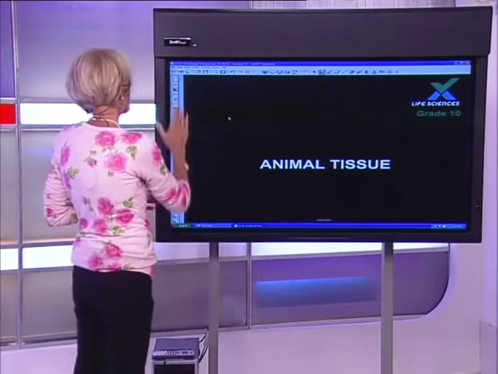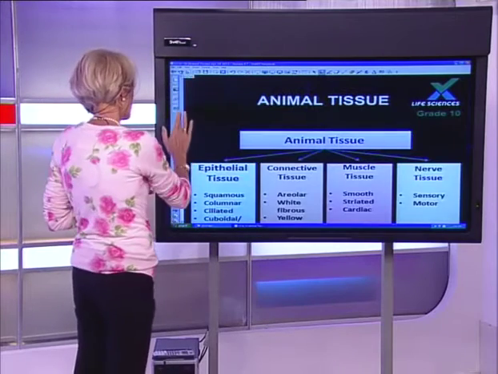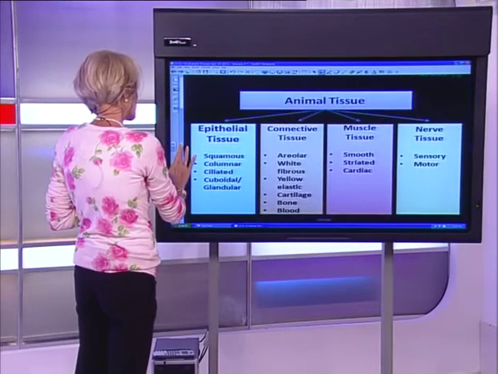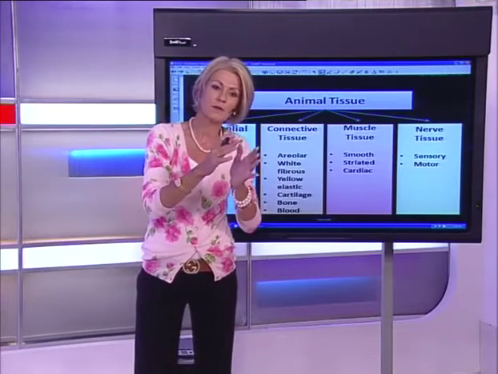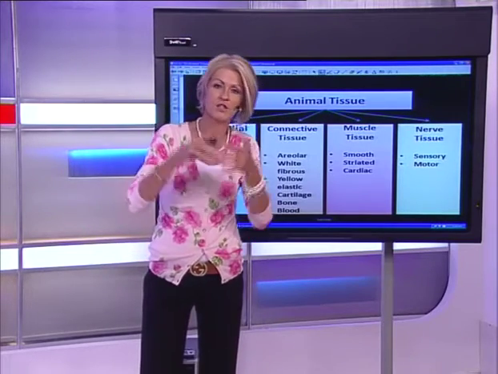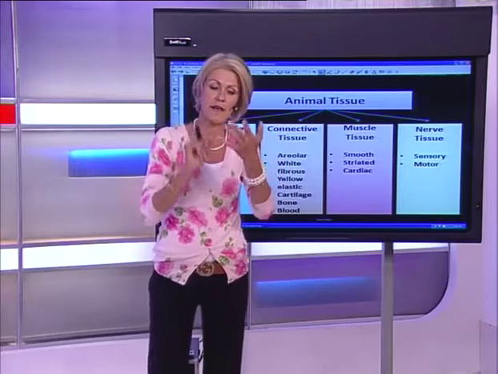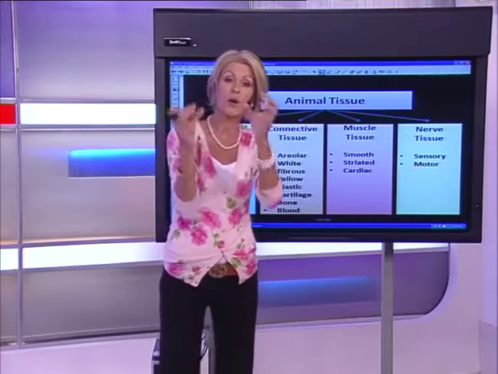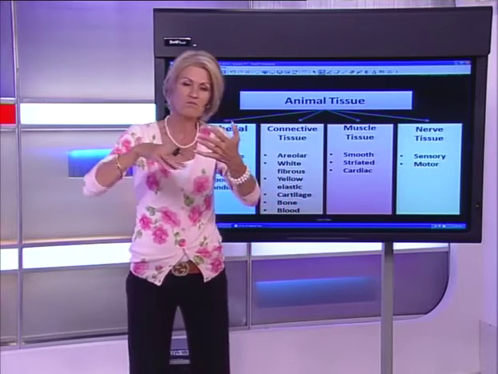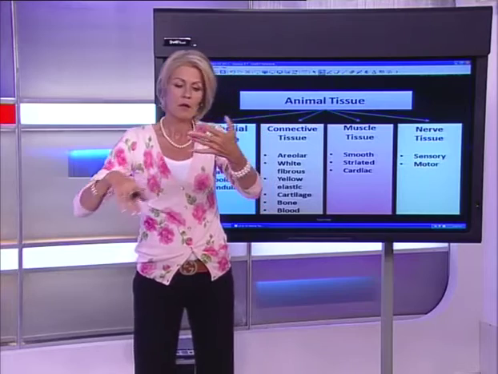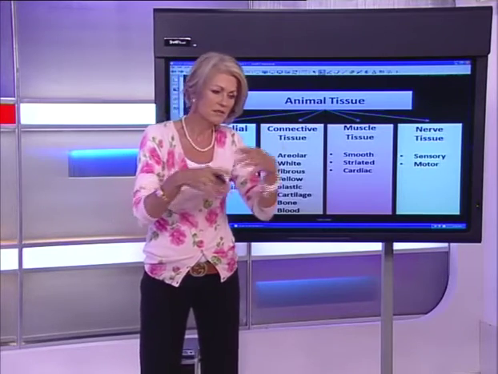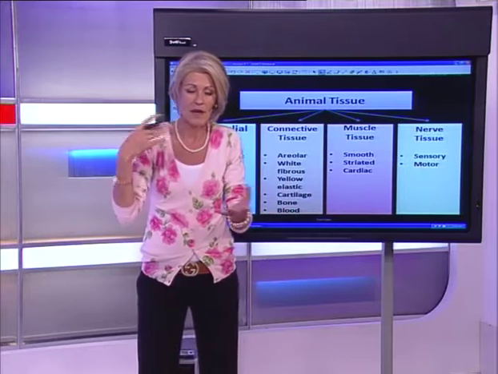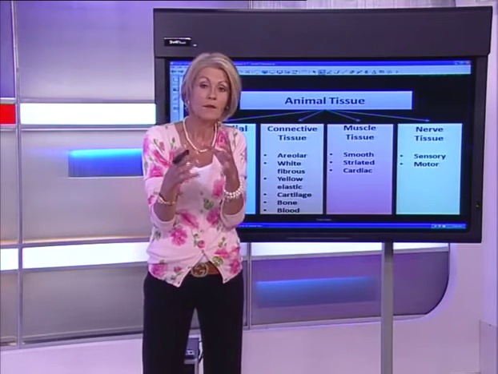And when we look at animal tissue, just so that we can recap the difference between cells, tissue, etc., you start off with organelles: the nucleus, mitochondria, ribosomes, and all those little structures in the cell.